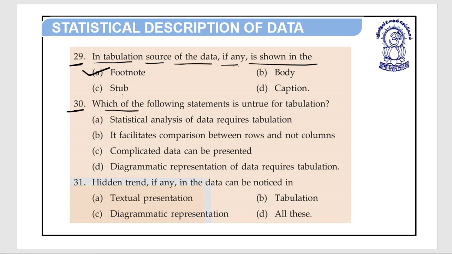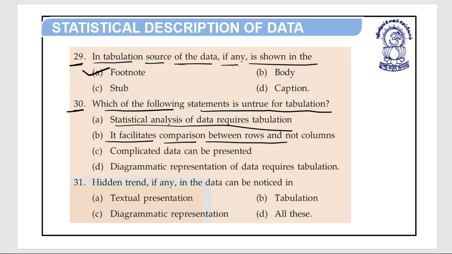Question number 30. Which of the following statements is untrue for tabulation? Untrue. Not true. Okay. A. Statistical analysis of data requires tabulation. B. It facilitates comparison between rows and not columns. C. Complicated data can be presented. D. Diagrammatic representation of data requires tabulation.